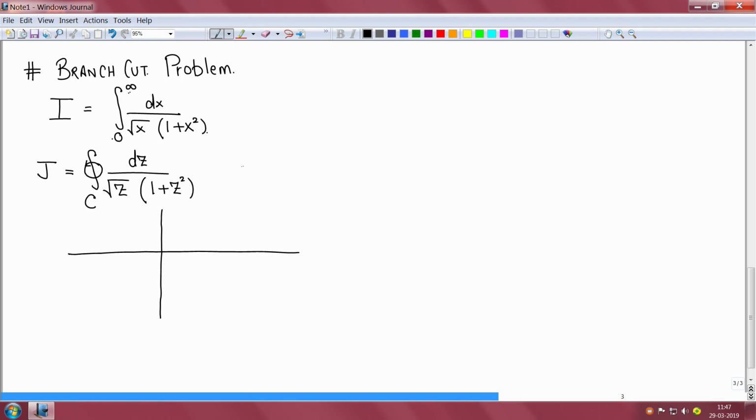We are going to parameterize z in terms of r e to the power of i theta, and theta will be between limits 0 and 2 pi, so that for square root of z, this becomes the cut, as seen before.